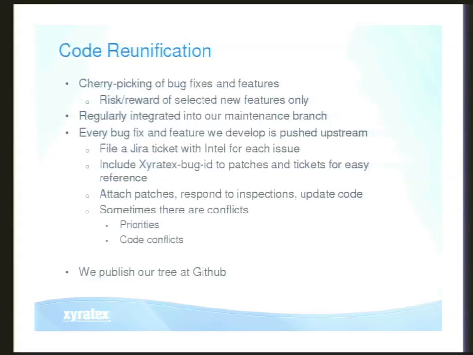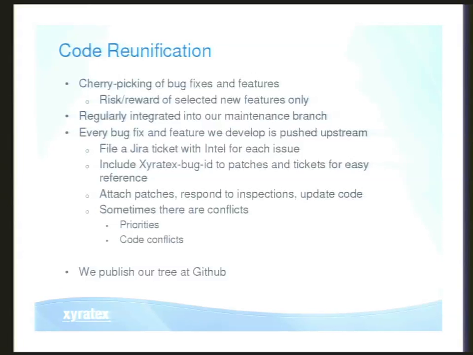In the other direction, every bug fix that we make and every feature we develop is pushed back upstream. So we have a lot of code that's sitting in Jira tickets at the Intel Jira. And I've been encouraging our developers to include back references to our internal Jira system, so that we can easily add more information as required.